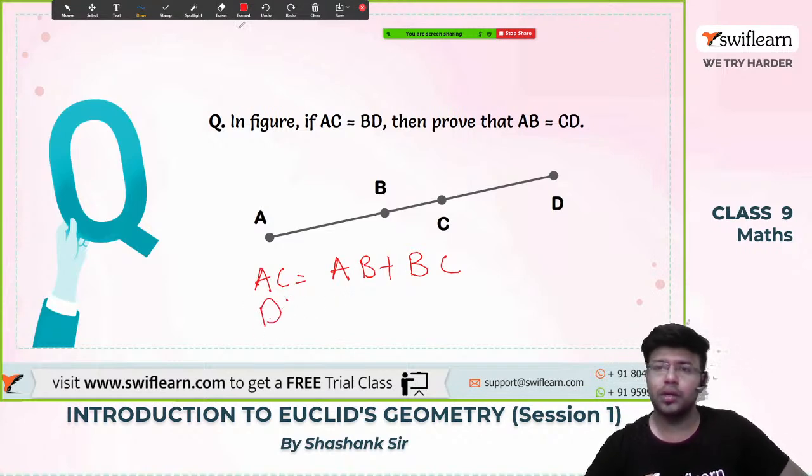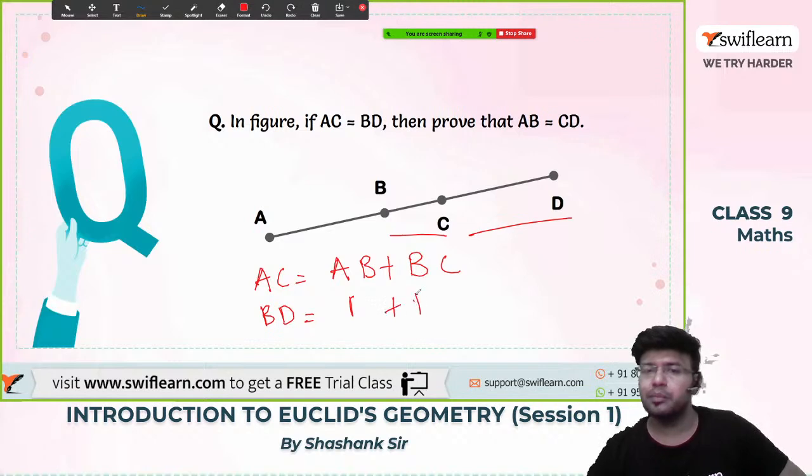BD is what? BD is equal to BC plus CD. Should I write BC afterwards? Let me write CD first.